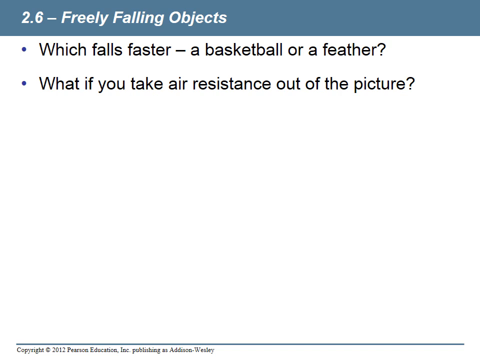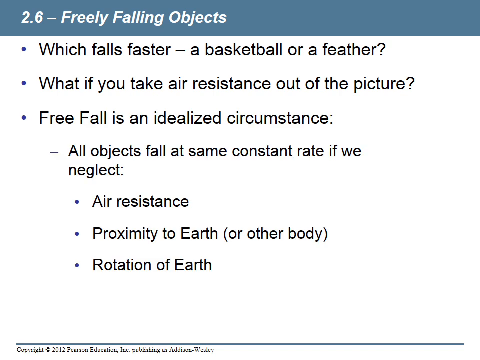So in order to understand the basic principles behind physics, we'll first consider no air resistance. We call that free fall. Free fall is this idealized circumstance in which we have no air resistance.